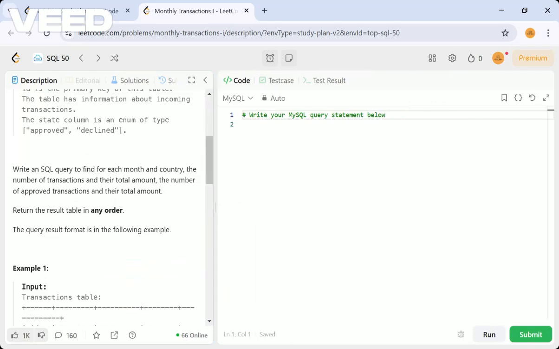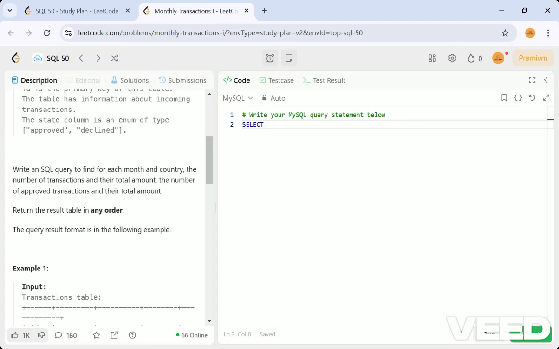So let's understand each and everything, and slowly we can do what they are actually asking. Let me start writing the query. You understood, right? I have explained the example. So first of all we have the date, and from that we have to get the month, right?